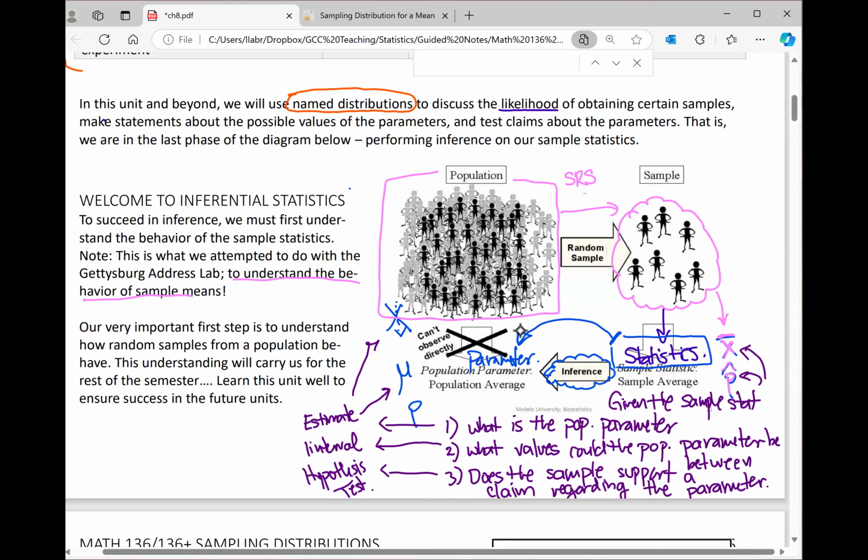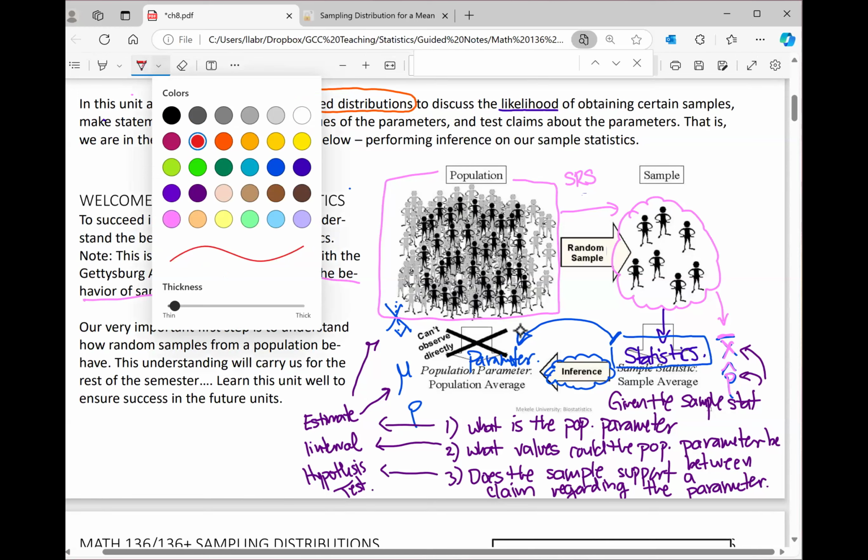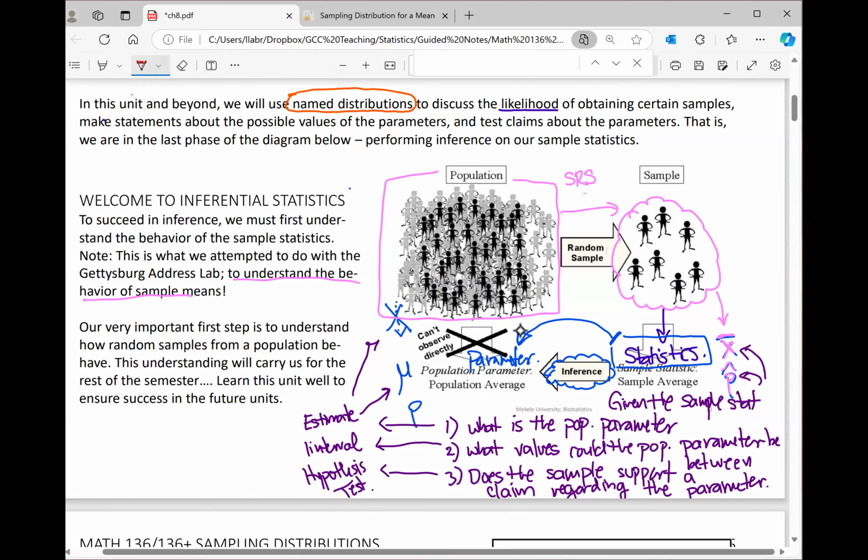And we've already attempted to do this at the very beginning of class when we asked, how do different samples or sampling techniques affect our sample statistic? But now we have the terminology to actually answer the question. Because now we're asking, if I take a random sample and compute the mean, this mean is my random variable.